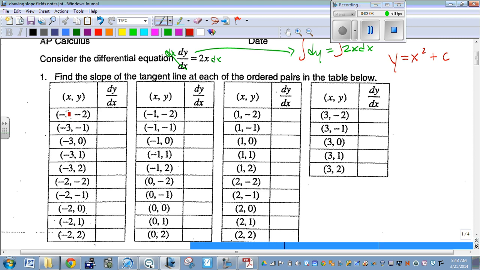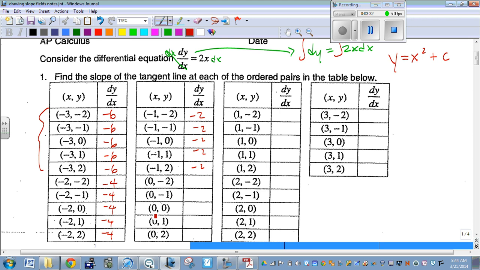So if we look at this first set right here, all of these have an x value of negative 3. What's our slope going to be for all of those? Negative 6. Then all of these x values are negative 2, so 2 times negative 2, we're going to have a slope of negative 4. X is negative 1, so our slope here is negative 2.